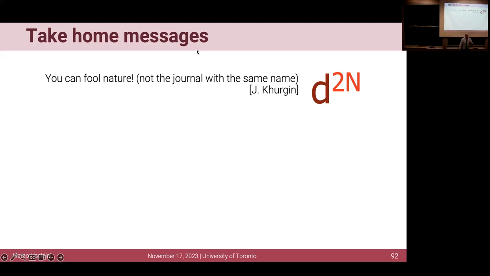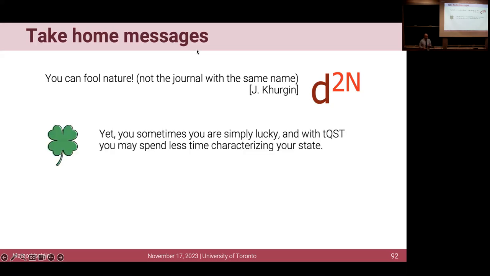So anyway, if you want to really reconstruct the matrix, in my opinion, it's clear that you should get your 2 to the n. If you want to be sure that any state will be reconstructed, and you ask me what is the minimum number to reconstruct any state, that is quantum state tomography, 2 to the n. You cannot do better than that, okay? But you can be lucky.